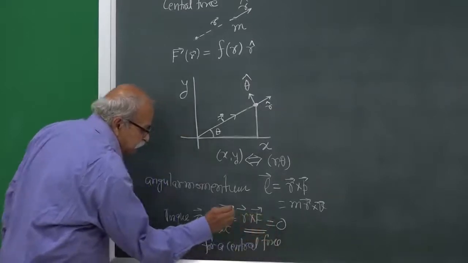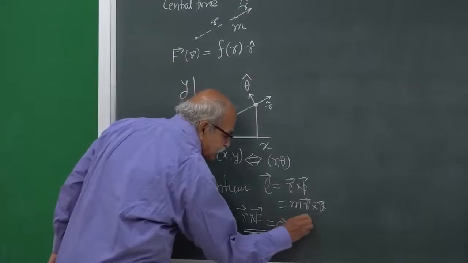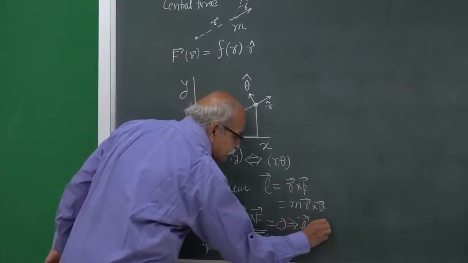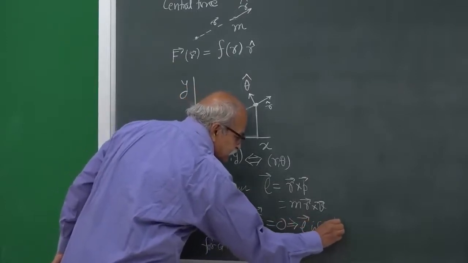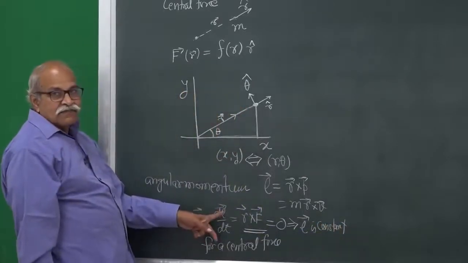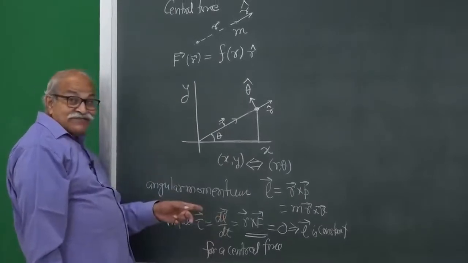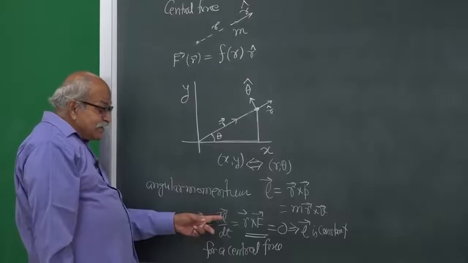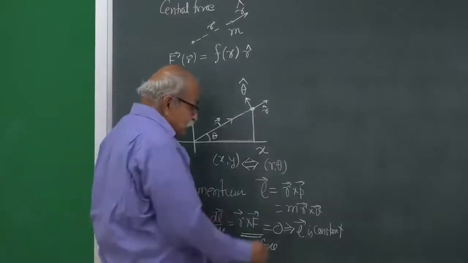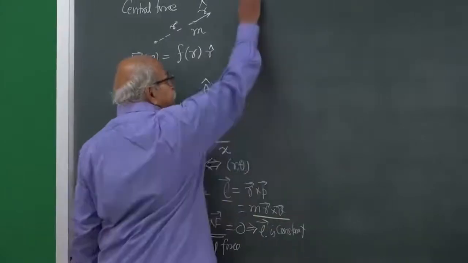And if the torque is 0, that tells me that L is constant, and remember, it is d/dt of the L vector. So, if that is 0, that means the L vector is constant.